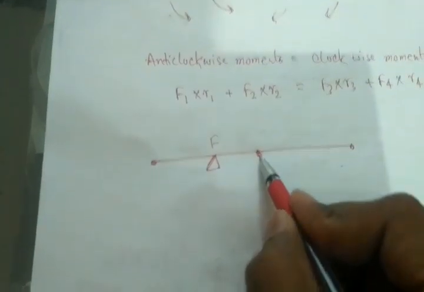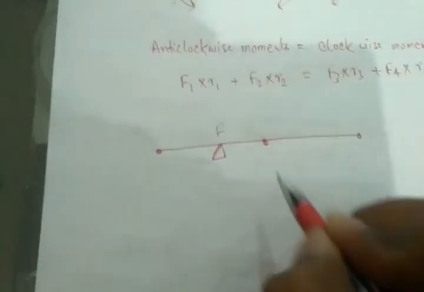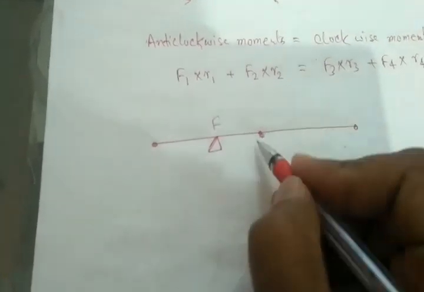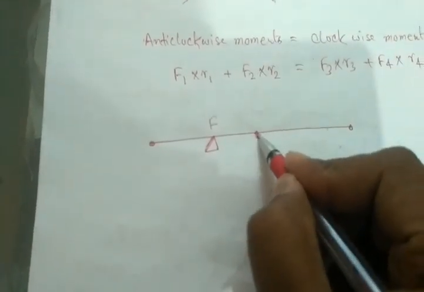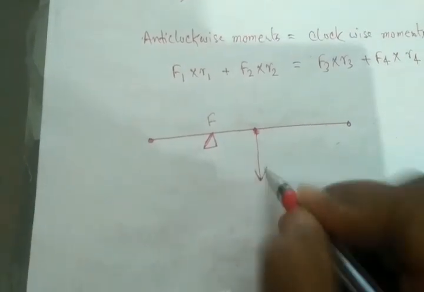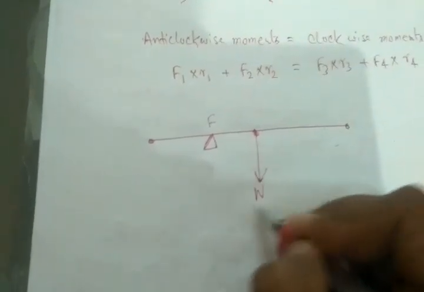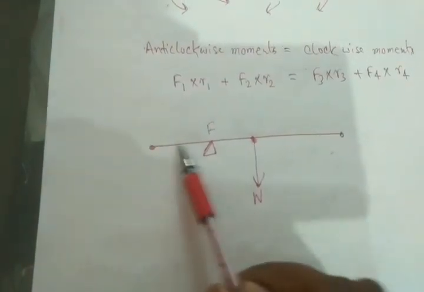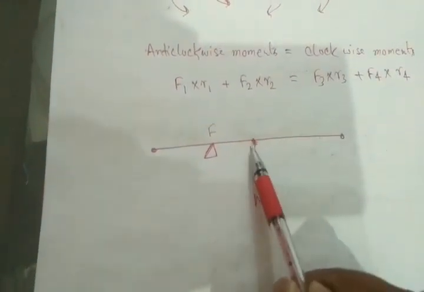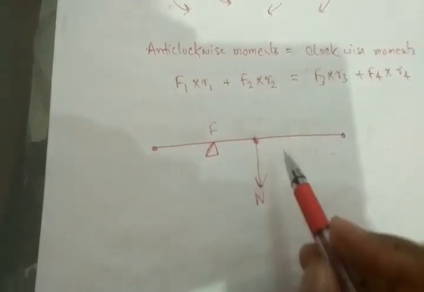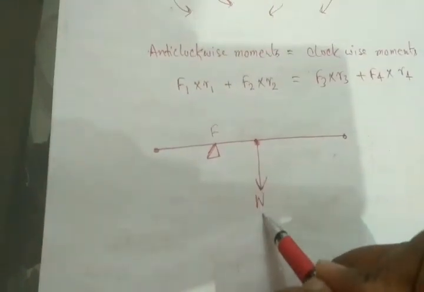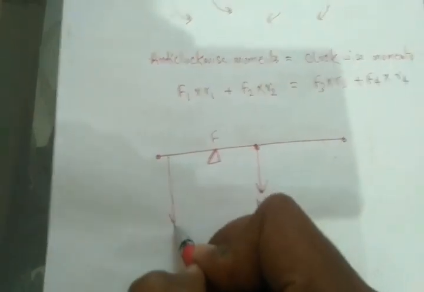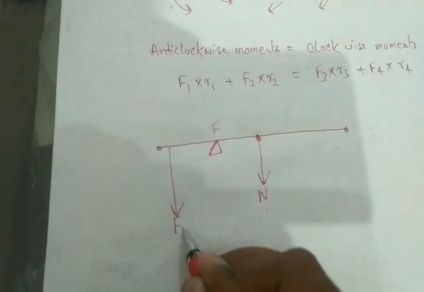So whenever the scale is balanced except from the center, what do you have to write? The weight of the scale, without thinking anything. Suppose it is being balanced by this force, say F.